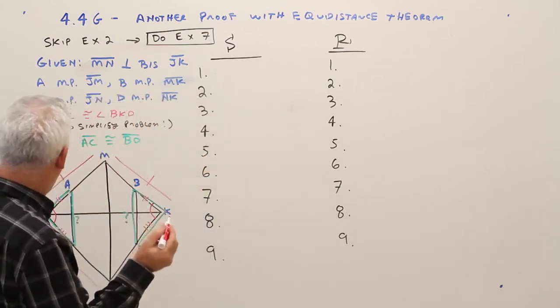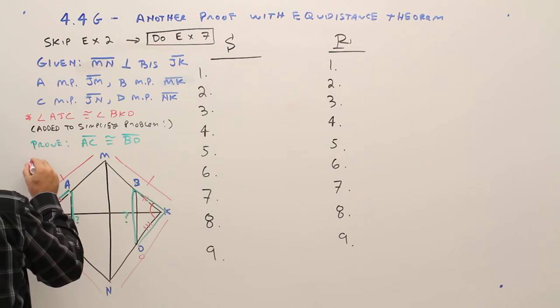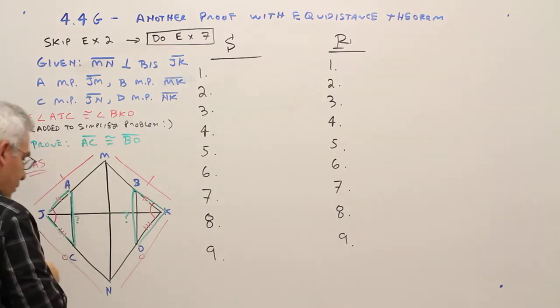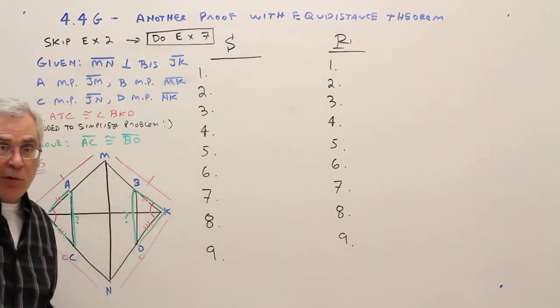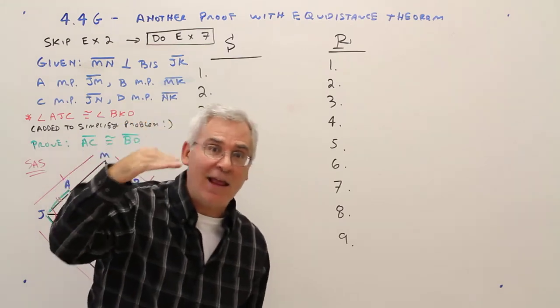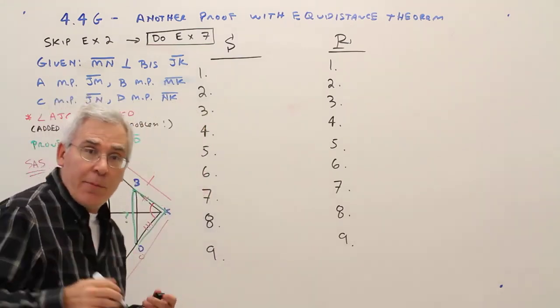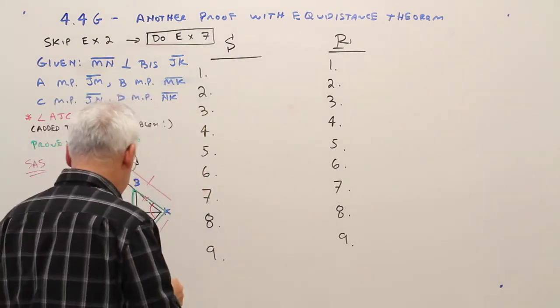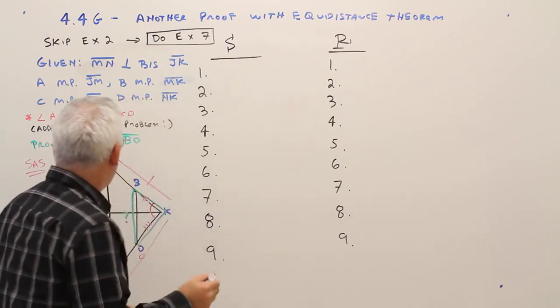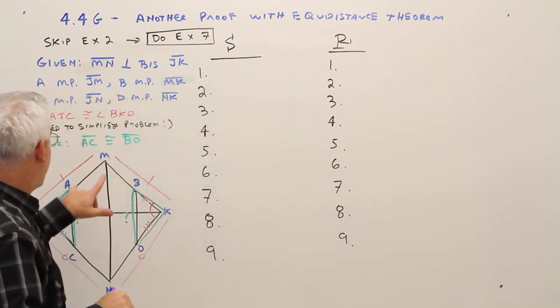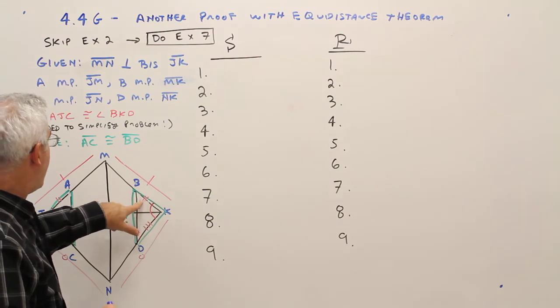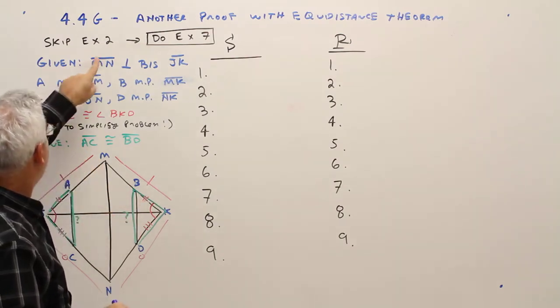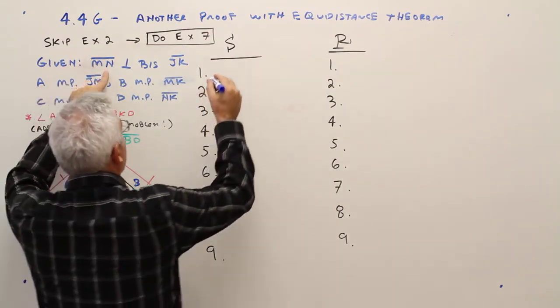Okay? I'm even going to write down SAS, just so I have clear in my mind what's going on. And I need you to support the side, angle, and side. Okay? And I'm going to try to go in SAS order. All right, so I guess I'll start with these sides here. So I'll start with the perpendicular bisector.